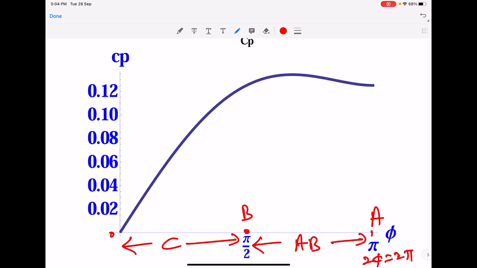Here you can see that for class C, the C_P is less than 0.125. So 0.125 is somewhere here. So this decreases, and in fact it becomes 0 when you take phi 0, for which case you get the efficiency to be high. So there is a trade-off that one has to do between the power delivered to the load and the efficiency. So based on the application, one has to choose which class of operation one wants.